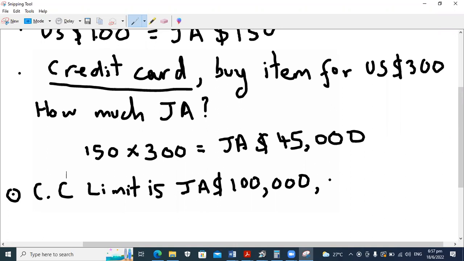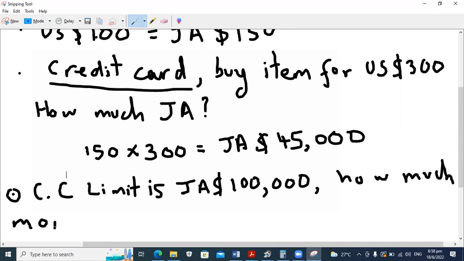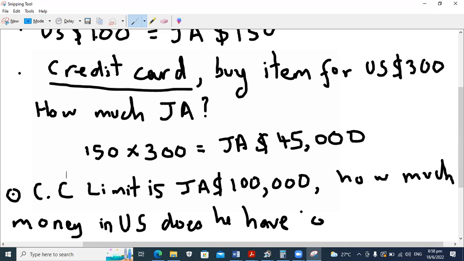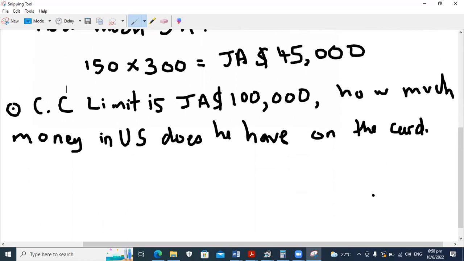So the question is, how much money in US does he have on the card? Any ideas?